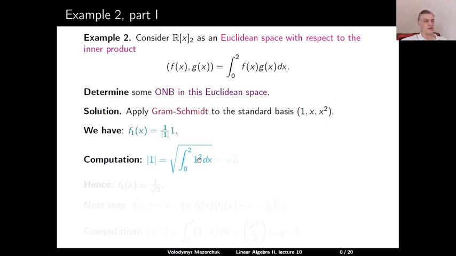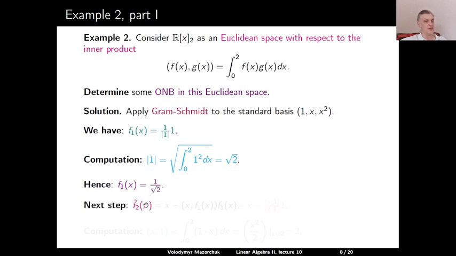This is the integral of 1 between 0 and 2, so the answer is 2. So the length of the polynomial 1 with respect to this inner product is the square root of 2, which means that the first basis element f1 is equal to 1 divided by the square root of 2. So this is a constant polynomial for this constant.